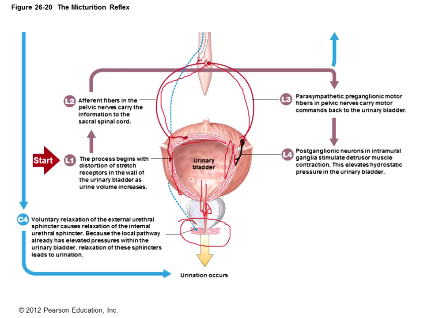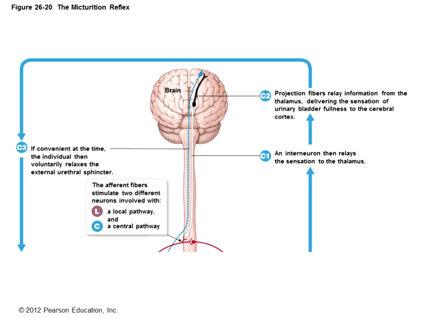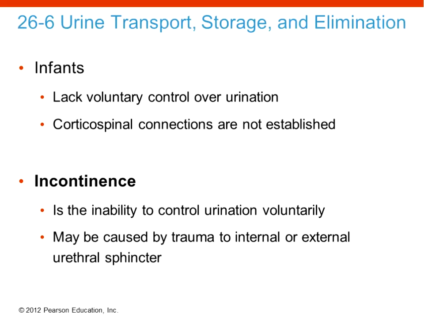Now, as part of that process, right, you are also getting connection going up to the brain, and that's what we can see up here. Projection fibers relay that information from the thalamus to the sensation and through the cortex. Then you also have an interneuron that can relay that information to the voluntarily relaxed external urethral sphincter. So it's a reflex process stimulated by stretch receptors that's ultimately under voluntary control.